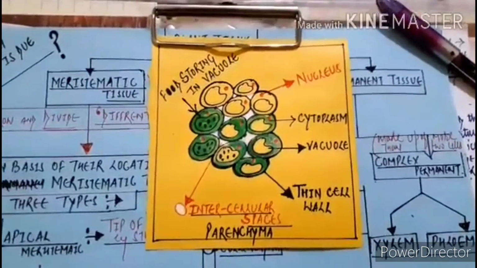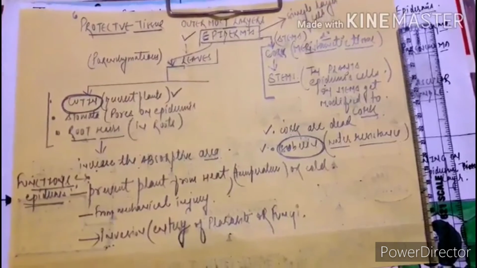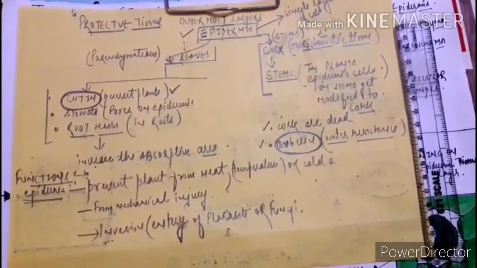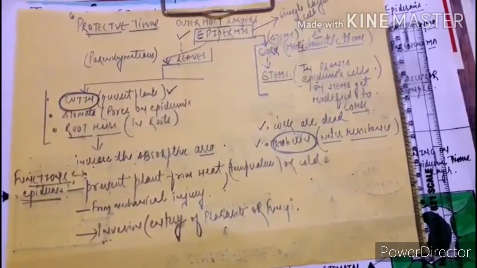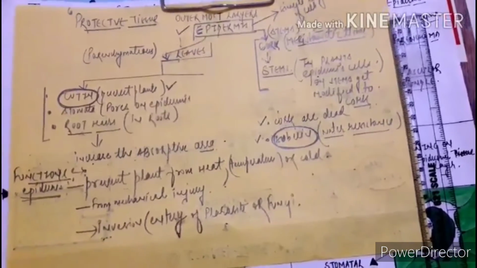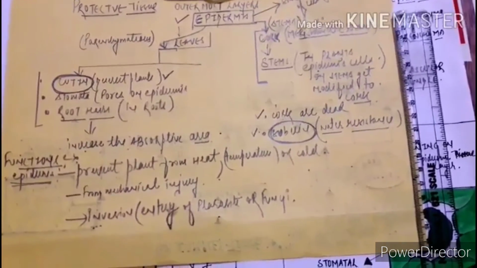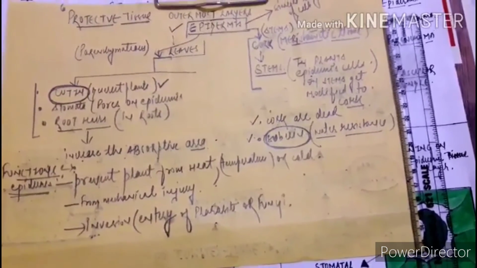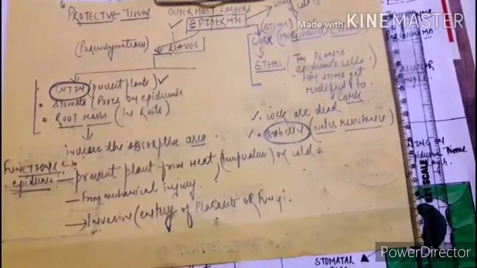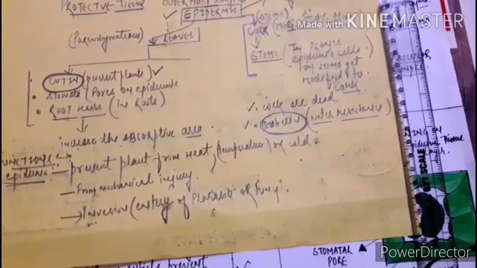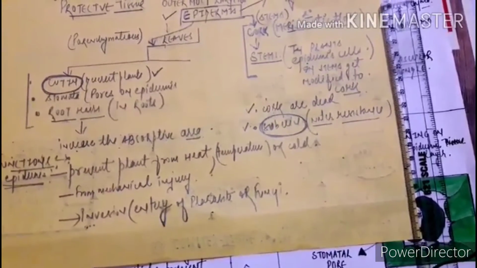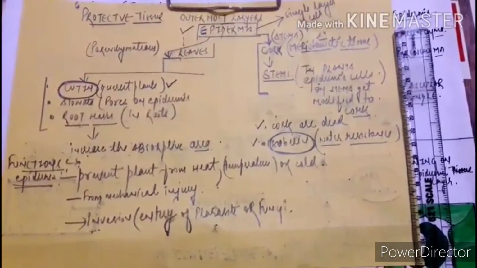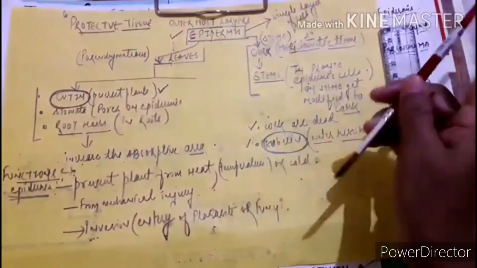I hope you understood. After these permanent tissues, that is parenchyma, collenchyma, sclerenchyma, today we will discuss the outermost layer of plant parts, that is epidermis and cork. There are two outermost layers of plant parts discussed in your book, that is epidermis and cork.